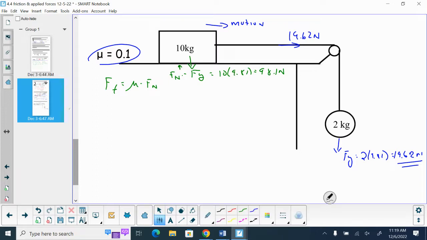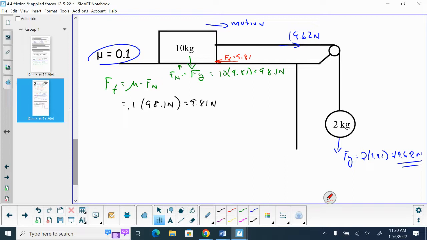So our force of friction is 0.1 times 98.1, which takes us to 9.81 newtons. Okay, so that is my force of friction. So my applied force is 19.62, my force of friction is 9.81.